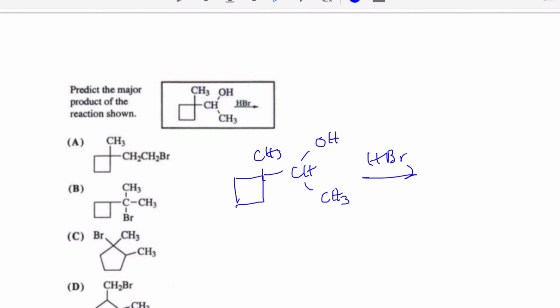The thing is that HBr is a strong acid, and it wants to engage in an acid-base reaction, right? So the OH of this compound can donate a pair of electrons to this HBr, and that causes the formation of a water molecule being bonded to this compound.